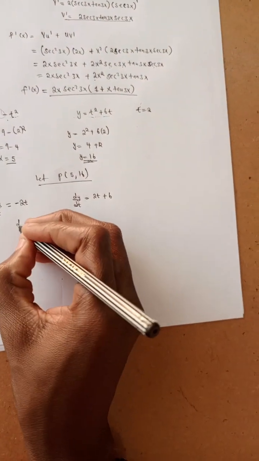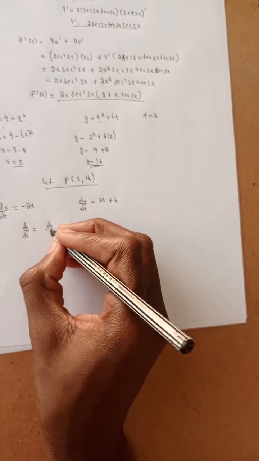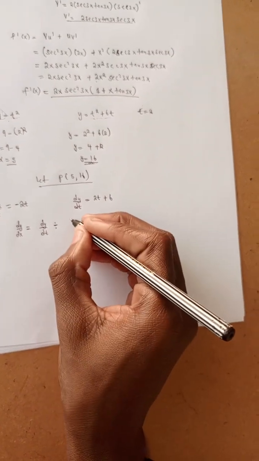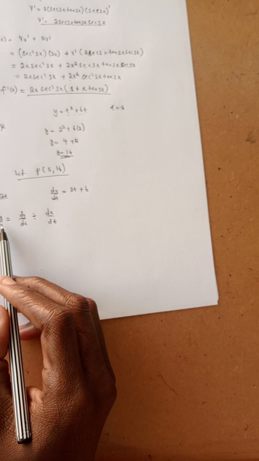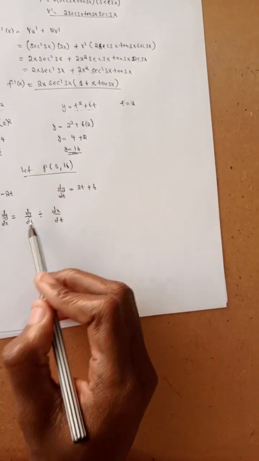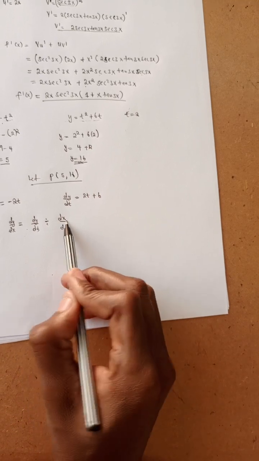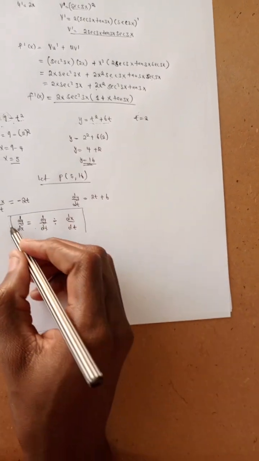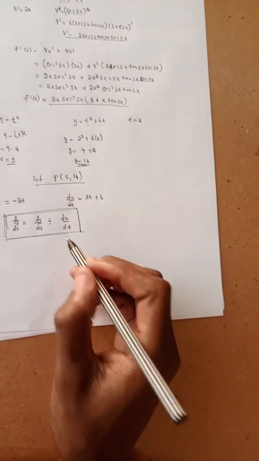And then now in order to find dy/dx, we'll say dy/dt divided by dx/dt. For any parametric equation we use this, so always remember this.